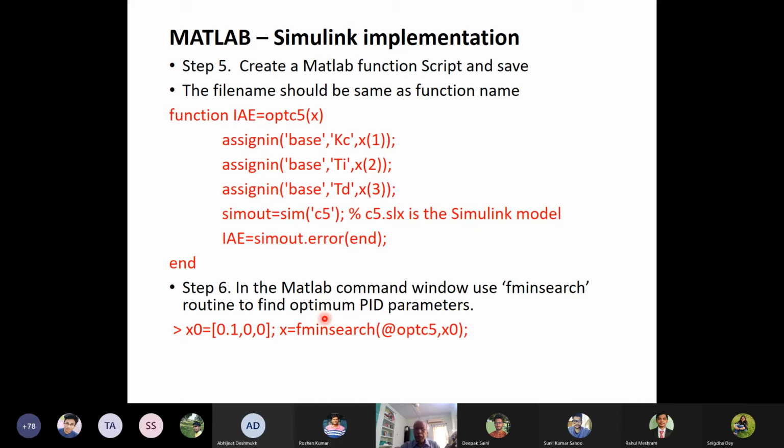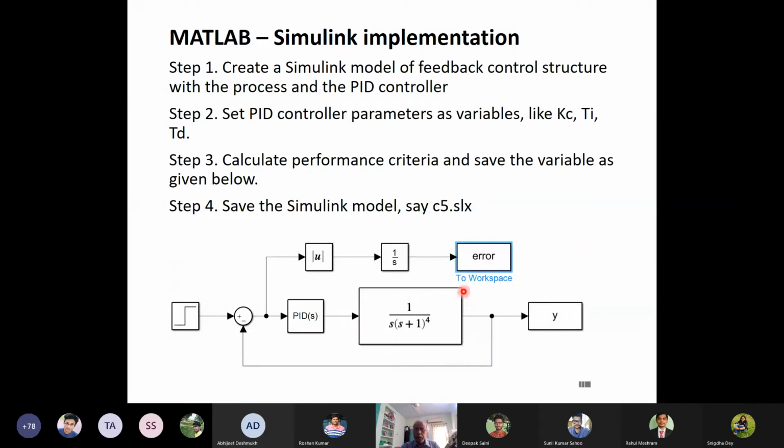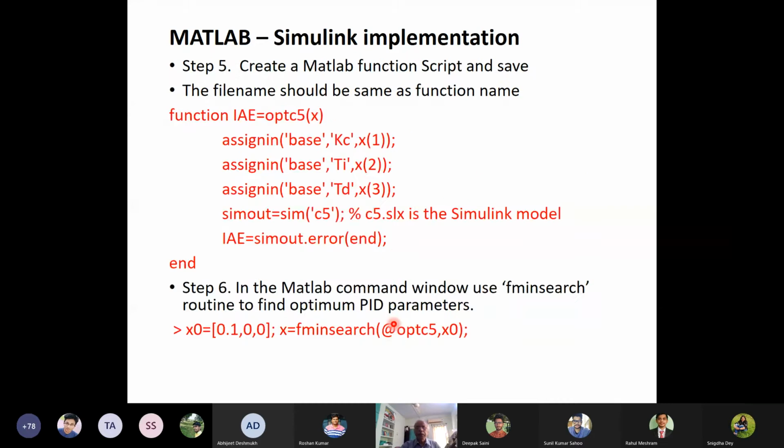The advantage of this method is that, instead of 1/s, which is a linear process model, I can use a nonlinear process model over here, and still use this same implementation to find out Kc, tau I, and tau d. That is an advantage.